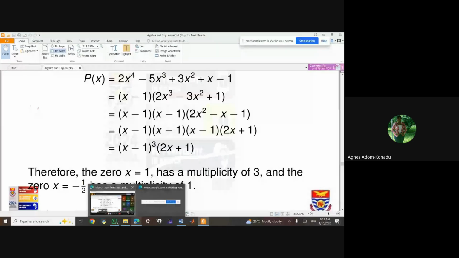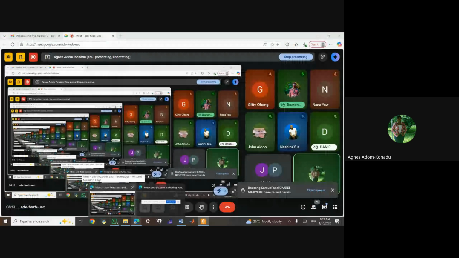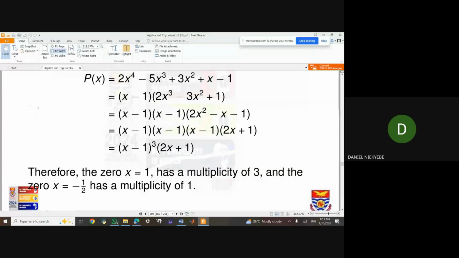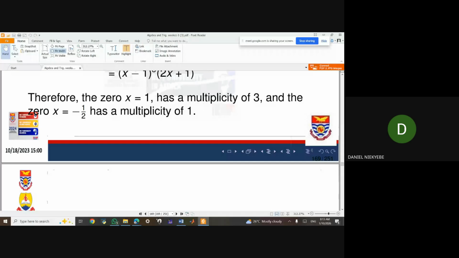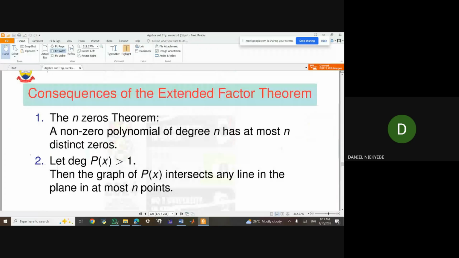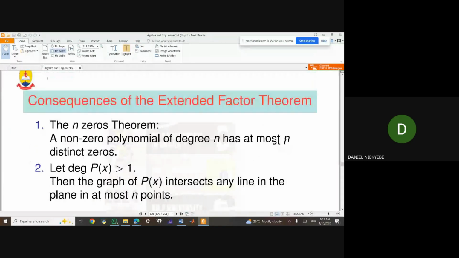I think there is a hand up. Okay, so I have 2 hands up. So let's listen to Daniel. Please, madam, after knowing the factor, can you use the synthetic division to solve it?